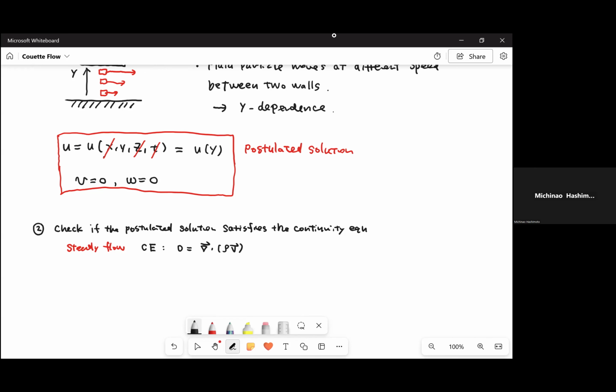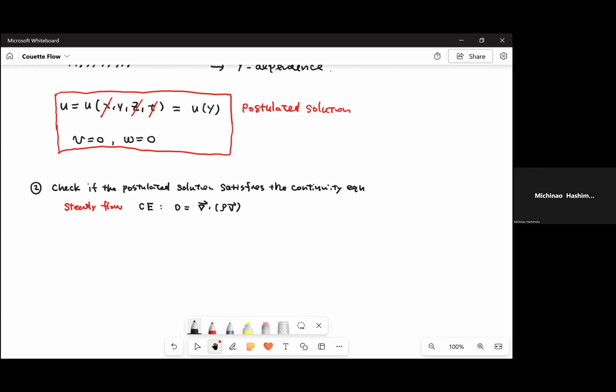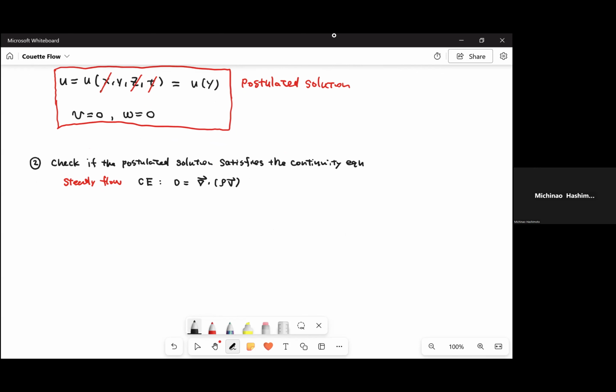This is the continuity equation. Let's try to check if our postulated solution really satisfies this.